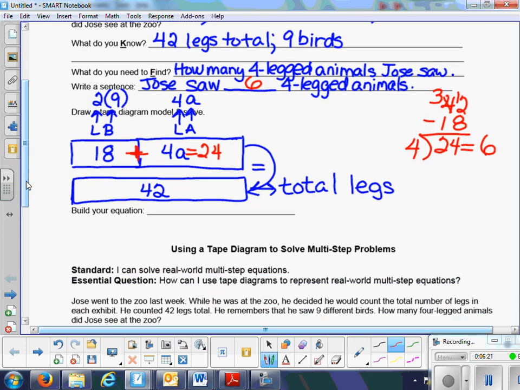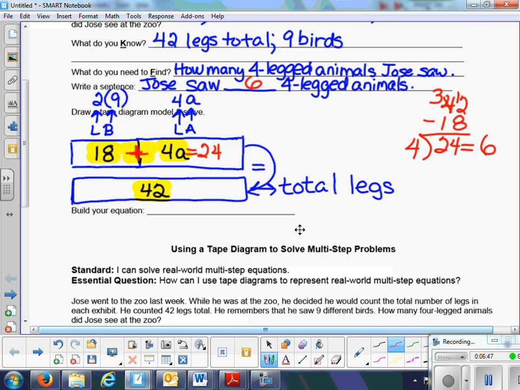How can I use my tape diagram to give me my equation? That's the next part of our problem, to build our equation. I have 18 on the top. We knew that we were combining them, so we added. And then we had 4A, and we know the total was 42.